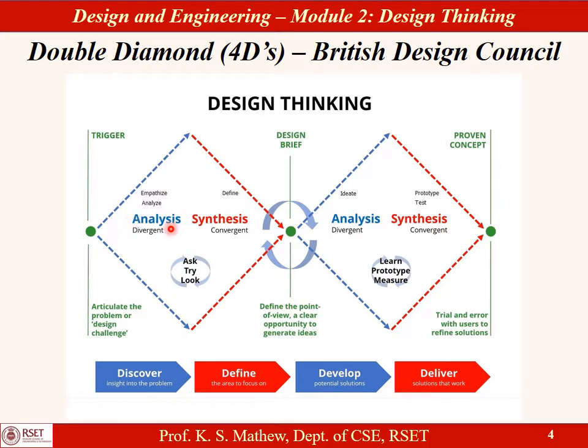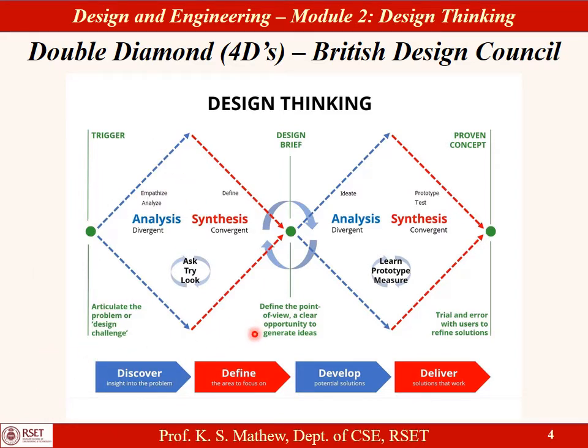Divergence is analysis and convergence is synthesis, and in both the problem domain and the solution domain there is an analysis or divergent phase, and a convergent phase. The 4 Ds are discover, define, develop and deliver. Discover the problem, identify the problem of the user.